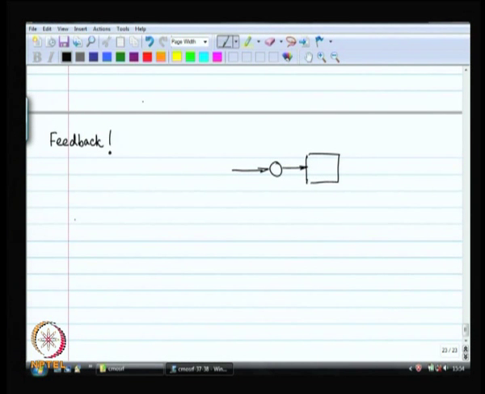We have done this a couple of times. This is the general block diagram for a feedback system. Our plant over here is the power amplifier. Okay.